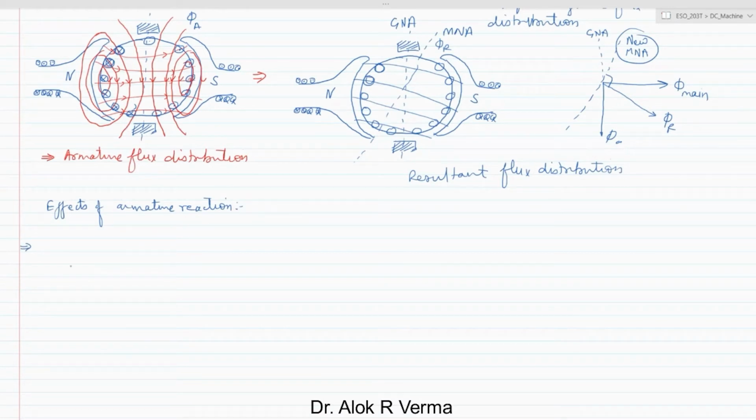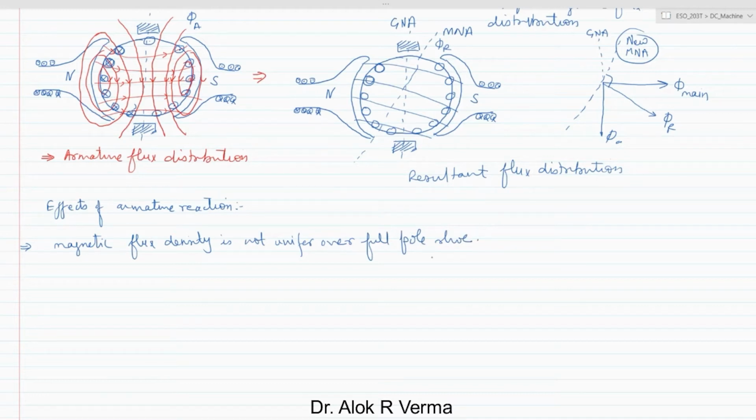First is that the magnetic flux density is increased over one half of the pole and decreased over the other half of the pole. So you can see the magnetic flux density is not uniform over the full pole shoe.